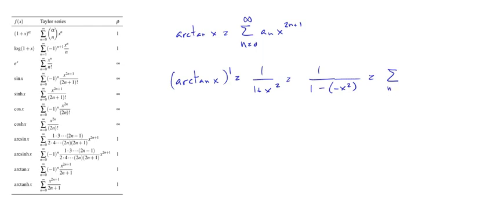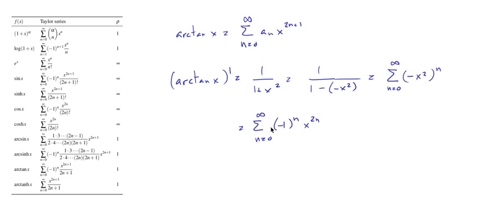From n equals 0 to infinity of minus x squared to the n. And so this is equal to the sum from n equals 0 to infinity of minus 1 to the n times x to the 2n. Right?